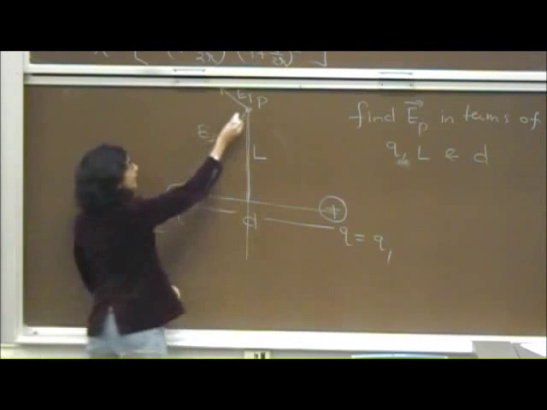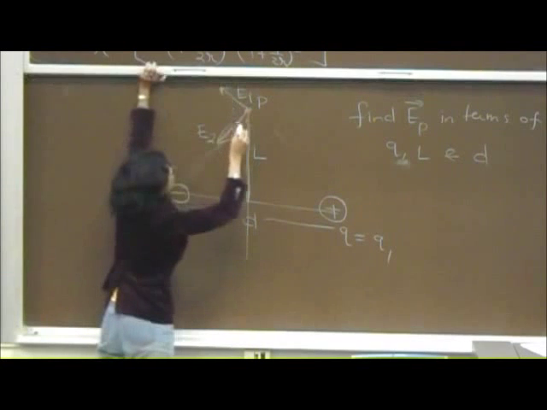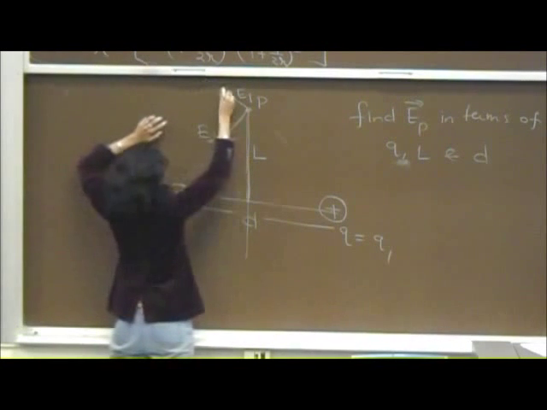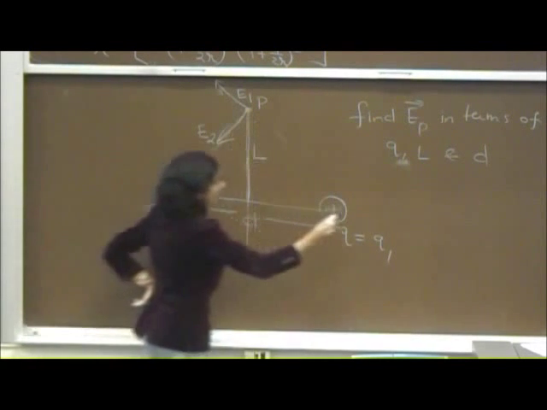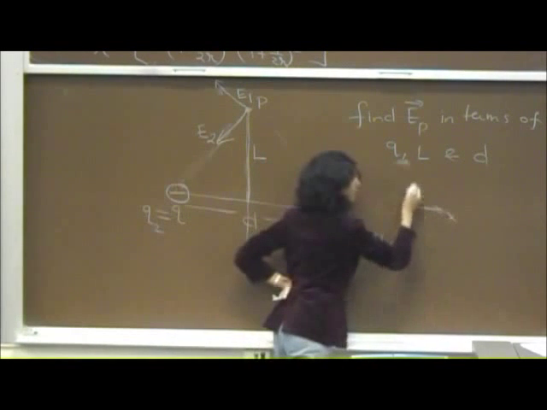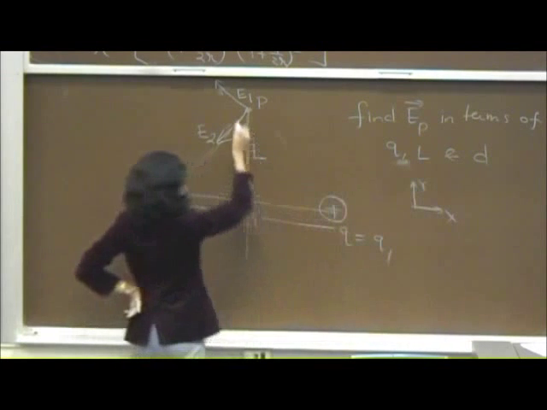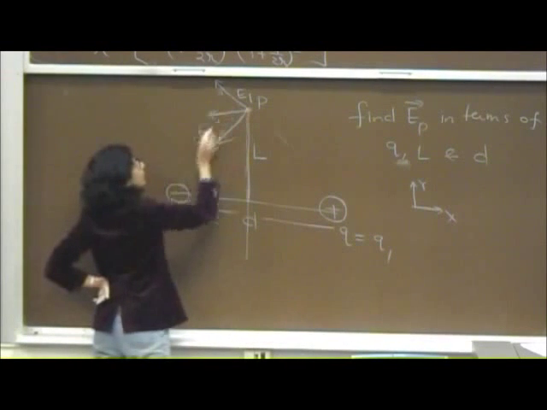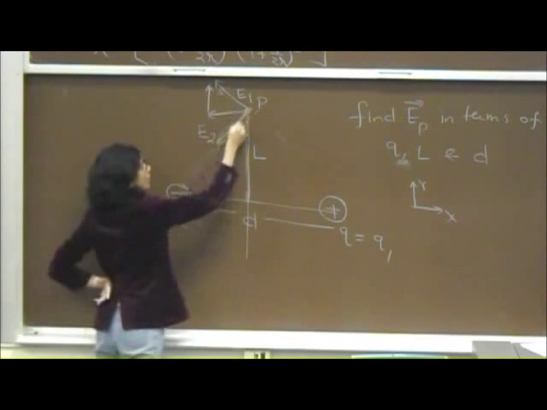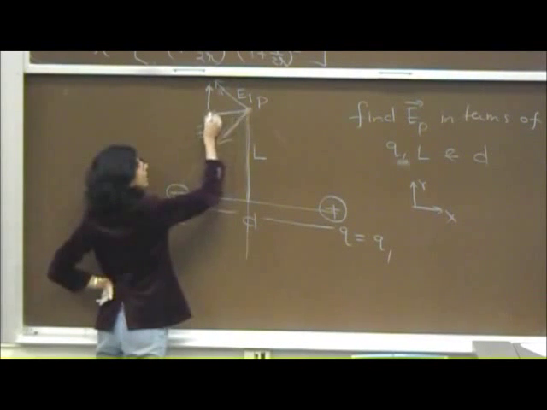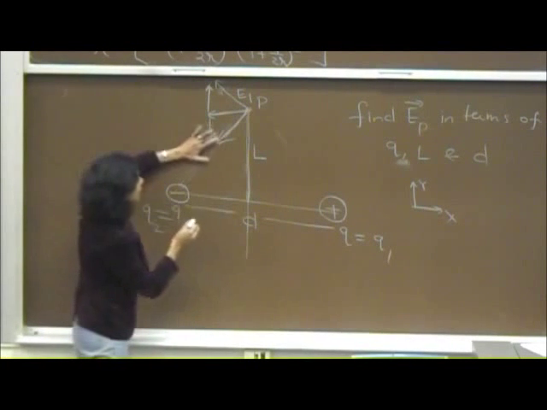Now, is everybody agreeing that if I take the components of E1, and let's say that this is my positive x direction and this is my positive y direction, then the component of E1 along the negative x direction and negative y direction will be like this. Component of E2 along the negative x direction will be like this, and negative y direction will be like this.